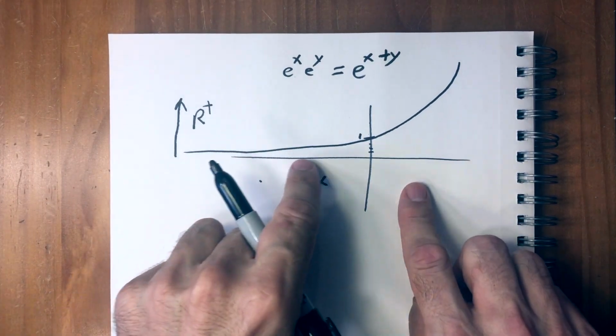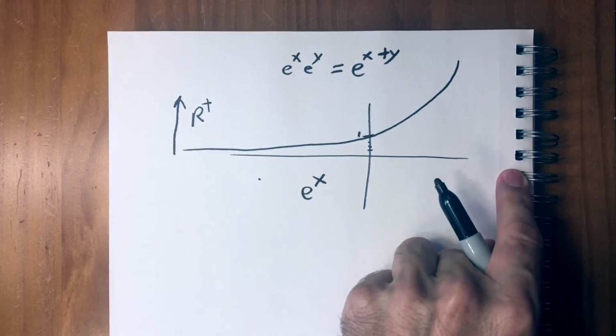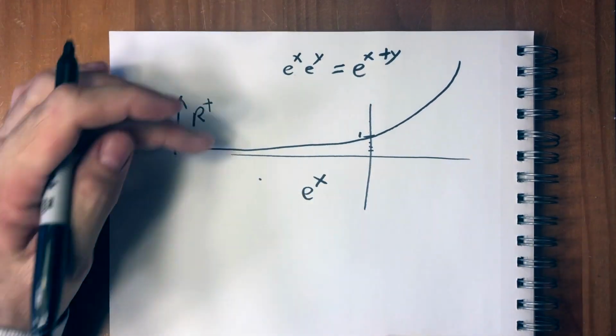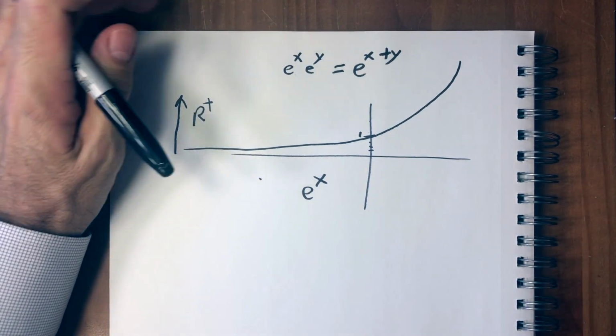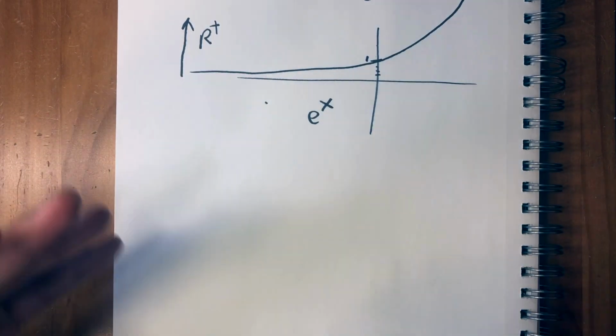So e to the x goes from negative infinity to positive infinity, then you add those and you're always going to be in R plus.